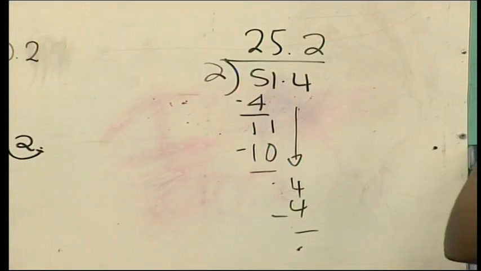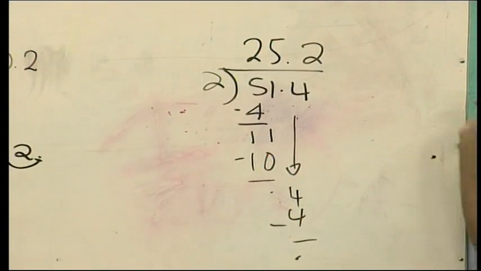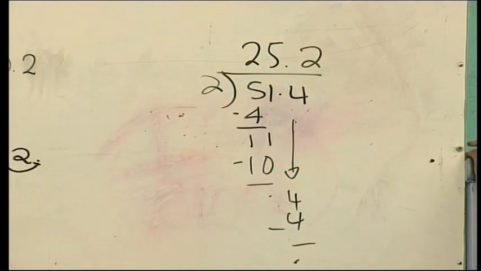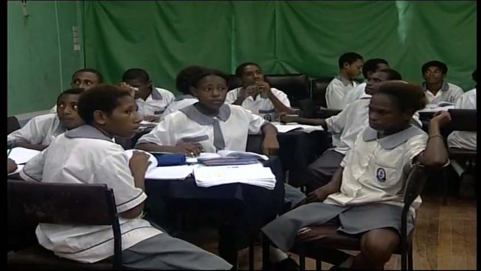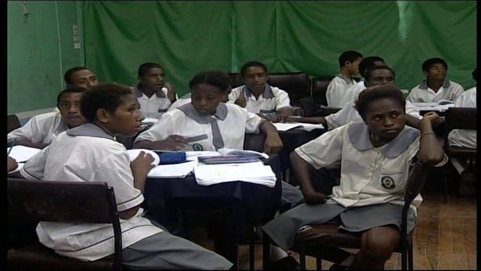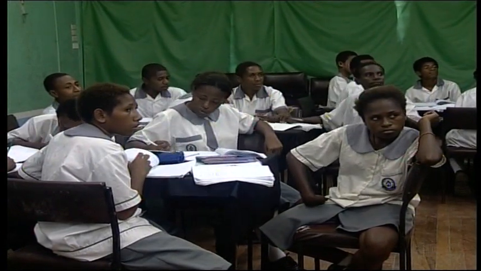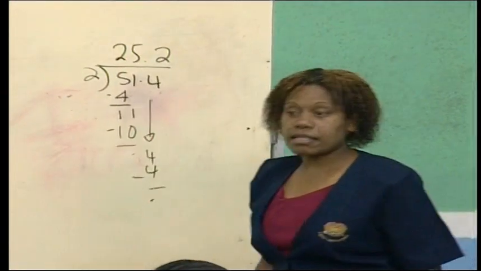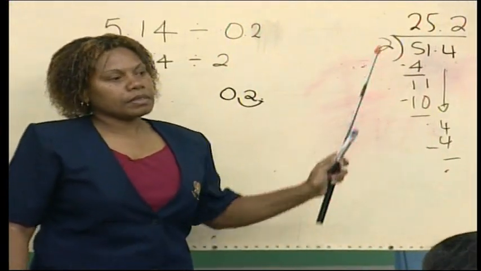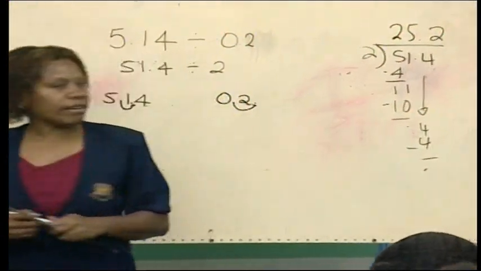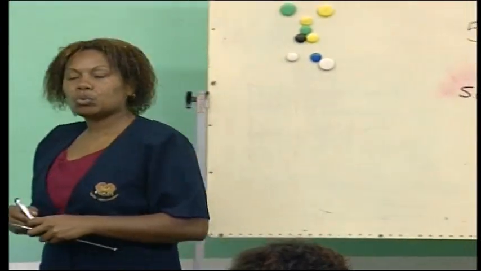Hands up if you got your answer is 25.2. Receiving students? Okay, you multiply 25.2 times 2 first and just check if this is the correct answer. 25.2 times 2.